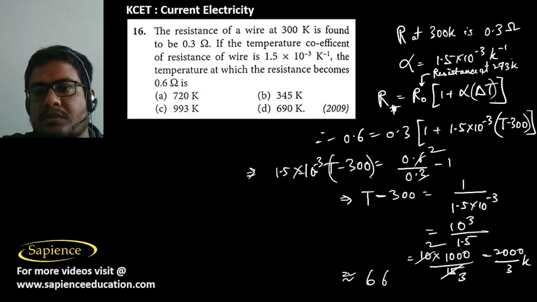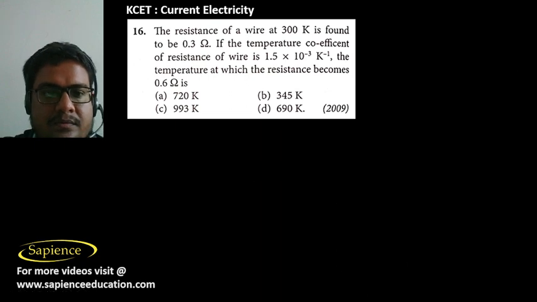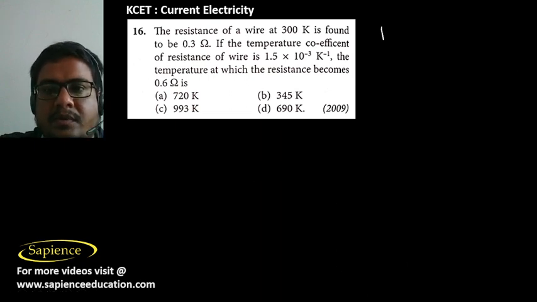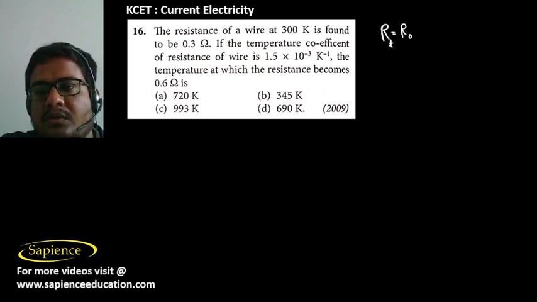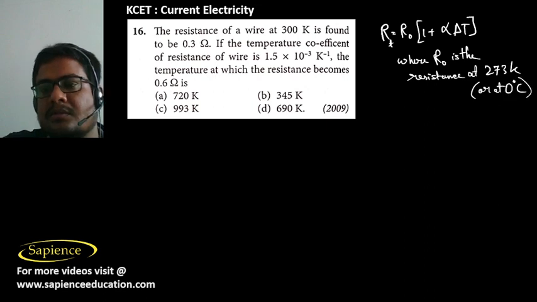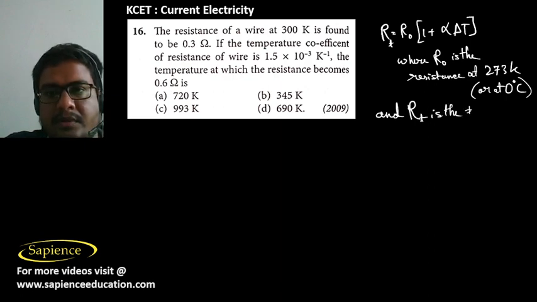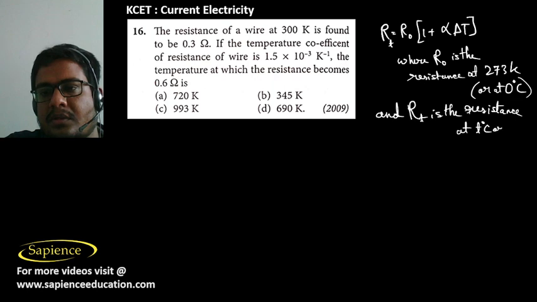So RT equals R naught into 1 plus alpha delta T, where R naught is the resistance at 273 Kelvin or at 0 degree Celsius, and RT is the resistance at T degree Celsius, or at 273 plus T Kelvin.